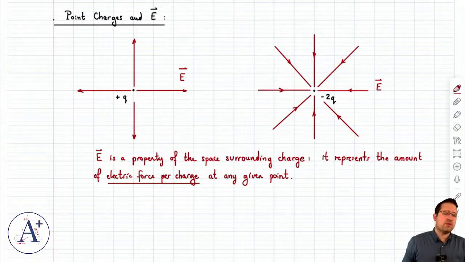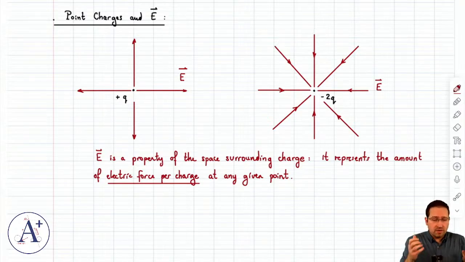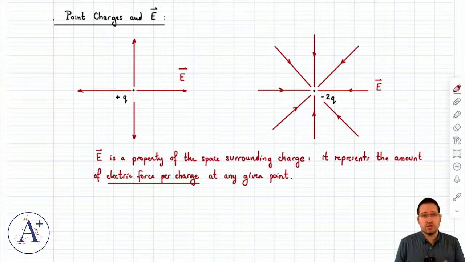Okay, now that's weird. Electric force per charge. So obviously it's not a force, it's a force per charge, but really within the electric field you have the idea of force, right? It's just that your force is being measured per unit charge. So if you tell me how much charge I have, I can tell you how much force you're going to get if I know the electric field.